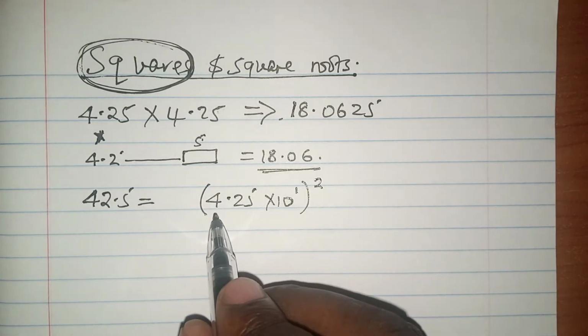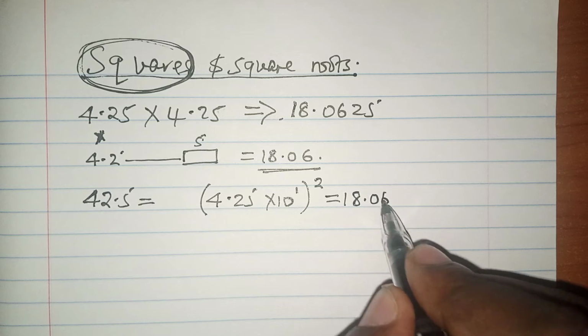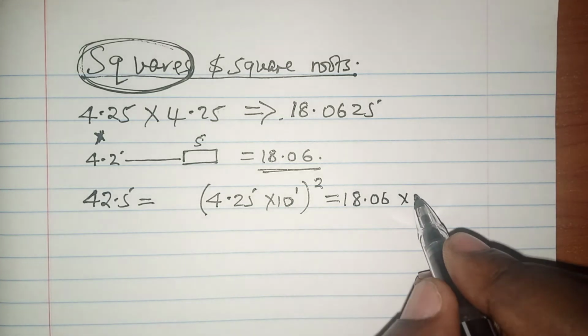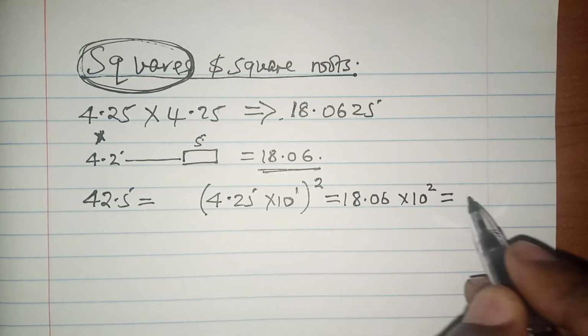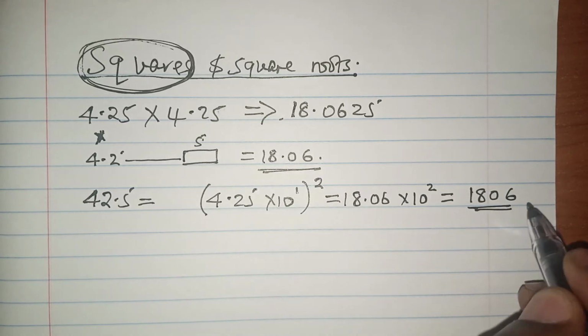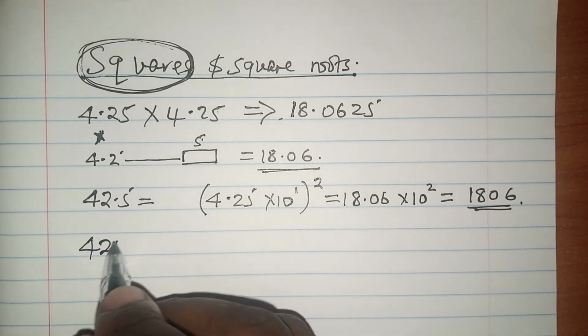Now that we know the square of 4.25, it's 18.06 times the square of 10 raised to power 1, which is 10 raised to power 2. And the final answer is 1806. And that is the square of 42.5.